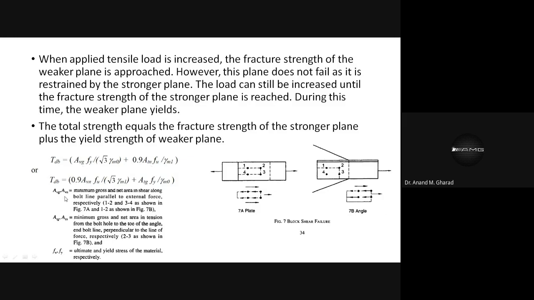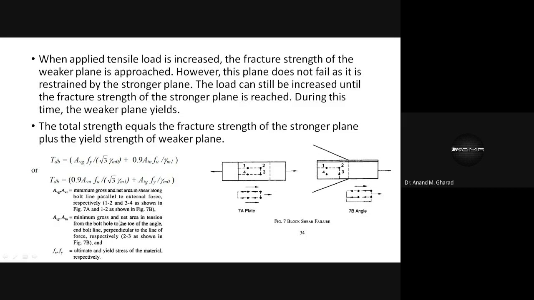AVG is nothing but the minimum gross area in shear along the bolt line parallel to the external force. That is this, parallel to the external force. This is the minimum gross area in shear. Okay. What is ATN?